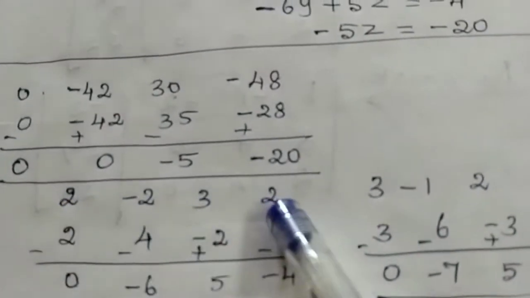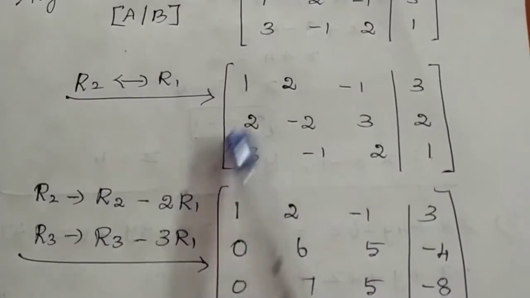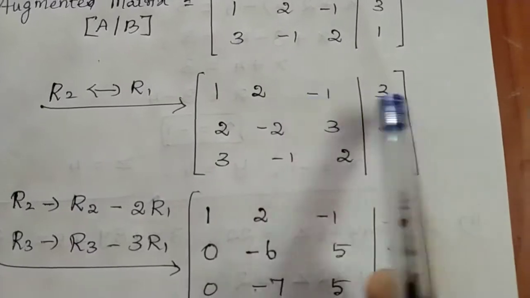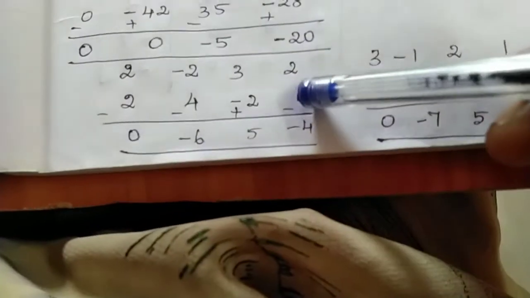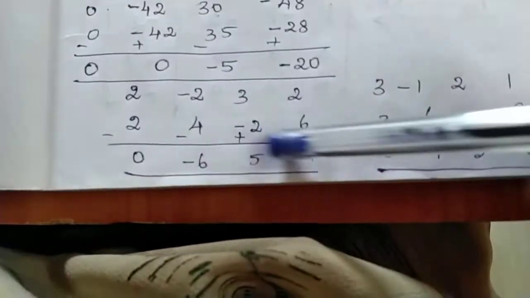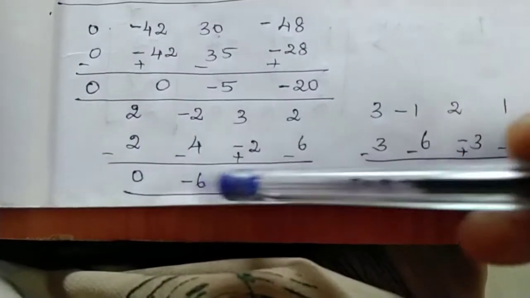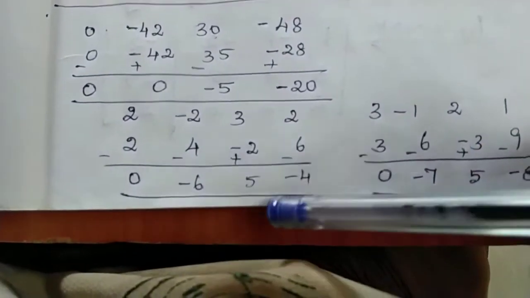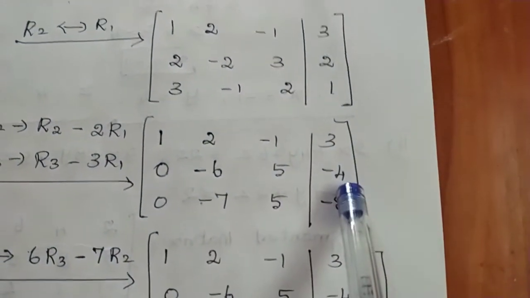Now see that one, R2 minus 2R1 multiplied by 2. Each and every term multiply by 2 and write. Okay, and subtract, we get 0, minus 6, 5, minus 4.